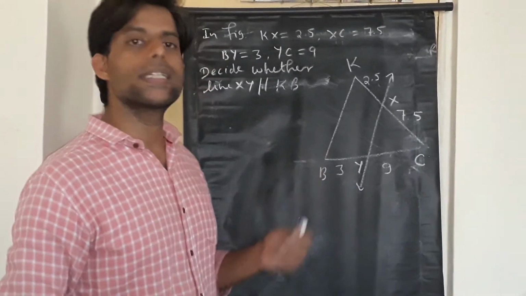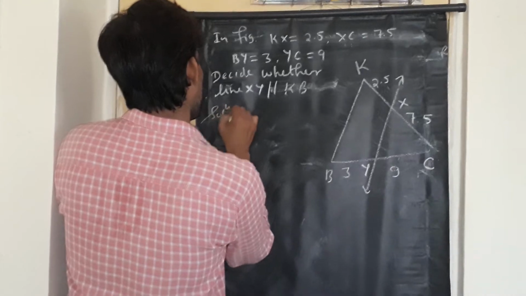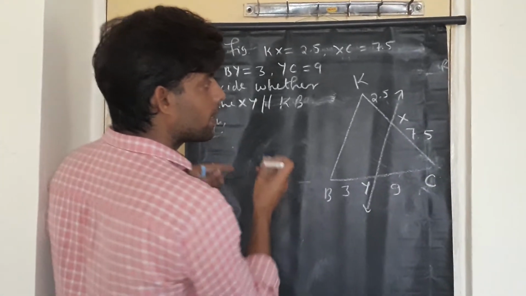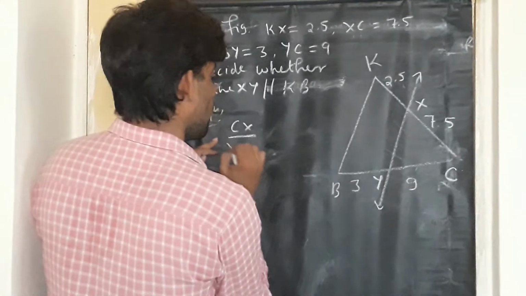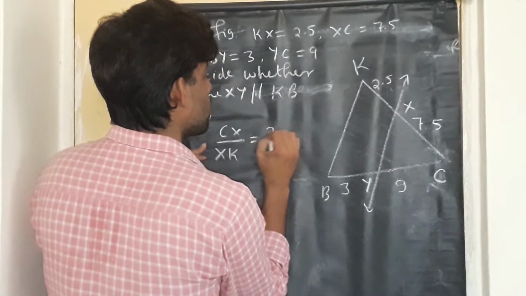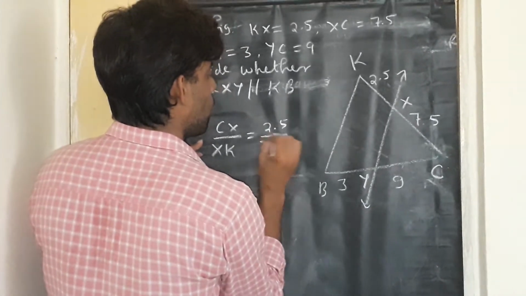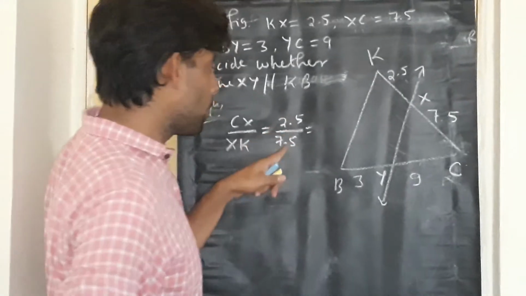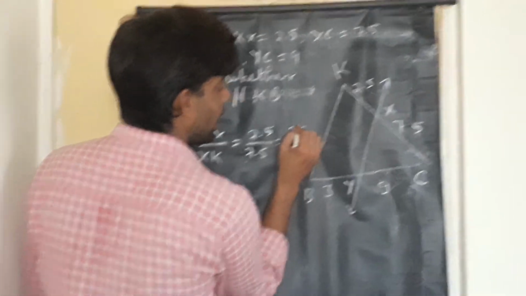So let's see, students, if the ratios are equal or not. We are writing here the solution part, and we'll find out first CX upon XK. CX upon XK, which is 2.5 upon 7.5. Since at both the places there is a decimal at 1 unit, multiplying them by 10, we can get rid of the decimal.